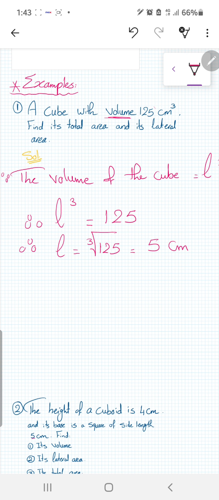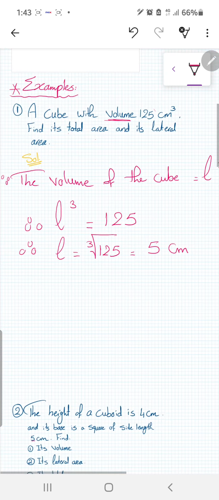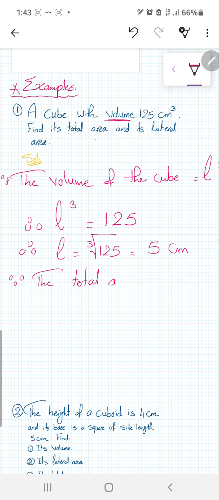If you want to get the total area and the lateral area. First, the total area, which is 6 L power 2. 6 multiply L power 2, L is 5, so 5 power 2. In your calculator, 150.